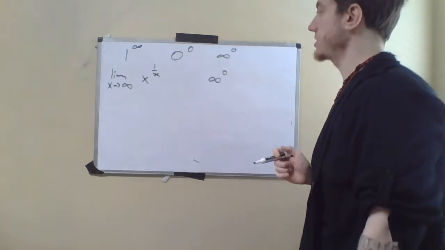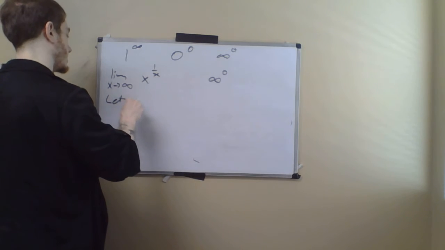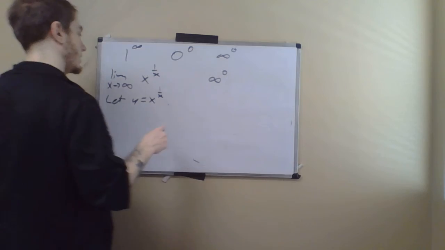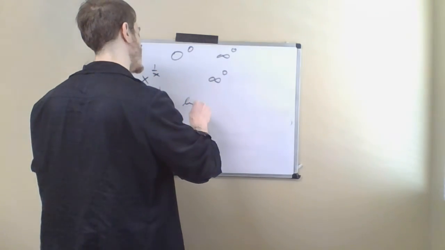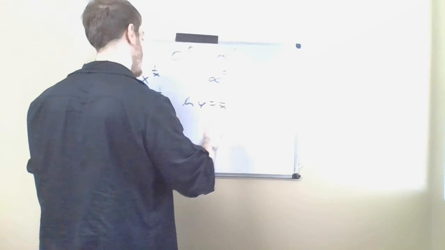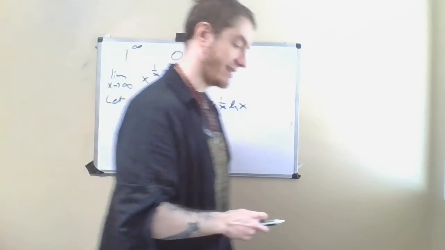Now, here's what we're going to do. Let's let y equal x to the 1 over x. Then what we can do is we can say the natural log of y is 1 over x times the natural log of x.